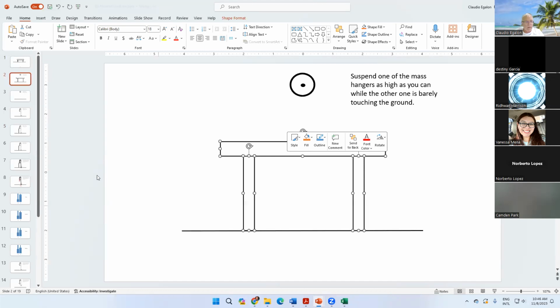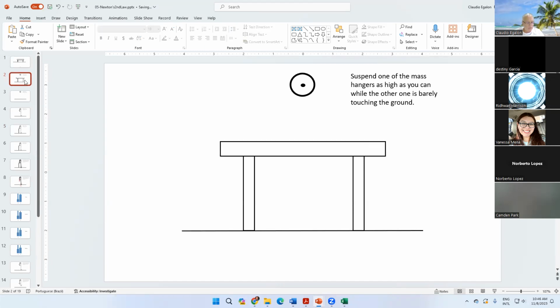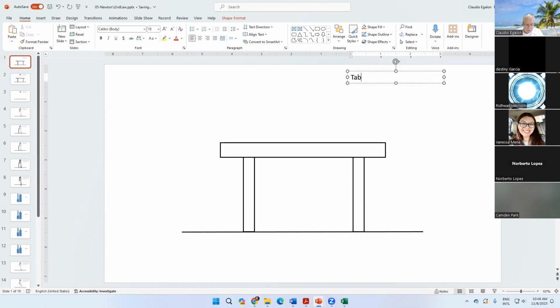Yeah, so that's where we start. Table for support.